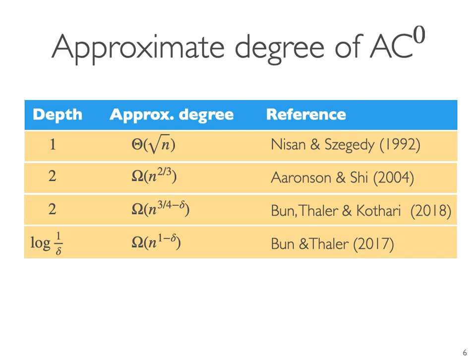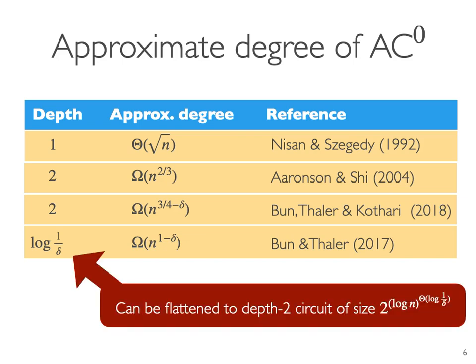If you try to flatten their circuit to depth 2 or to depth 100 for that matter, the circuit size blows up. The new size becomes 2 to the log n to the log 1 over delta, which is no longer polynomial in n. So the flattened circuit is no longer in AC0.